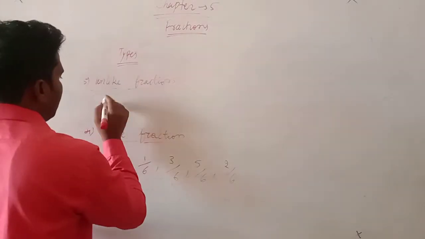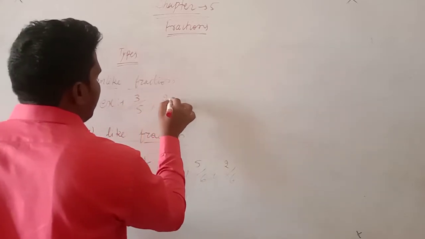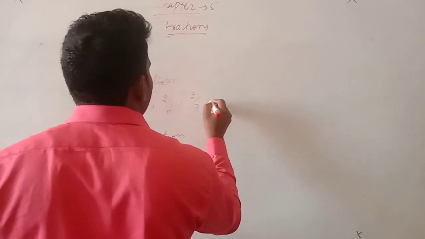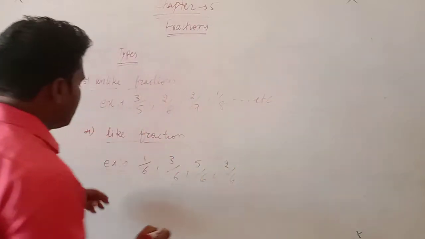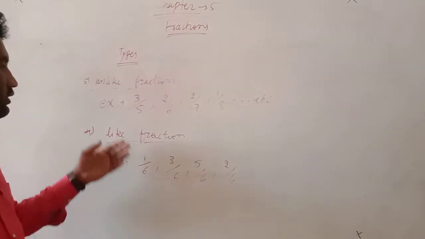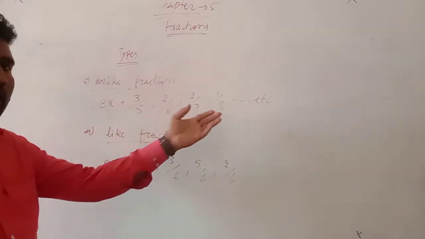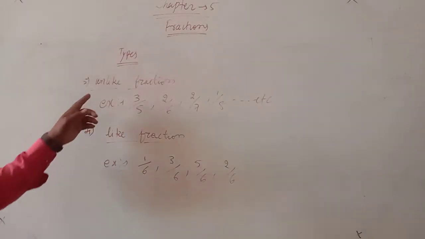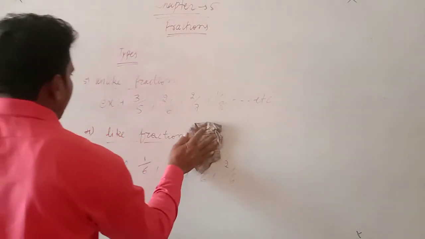For example, 3 by 5, 2 by 6, 2 by 7, 1 by 8, etc. In like fractions we observe equal denominators, and here we do not observe equal denominators. So these fractions are called unlike fractions and those are called like fractions.